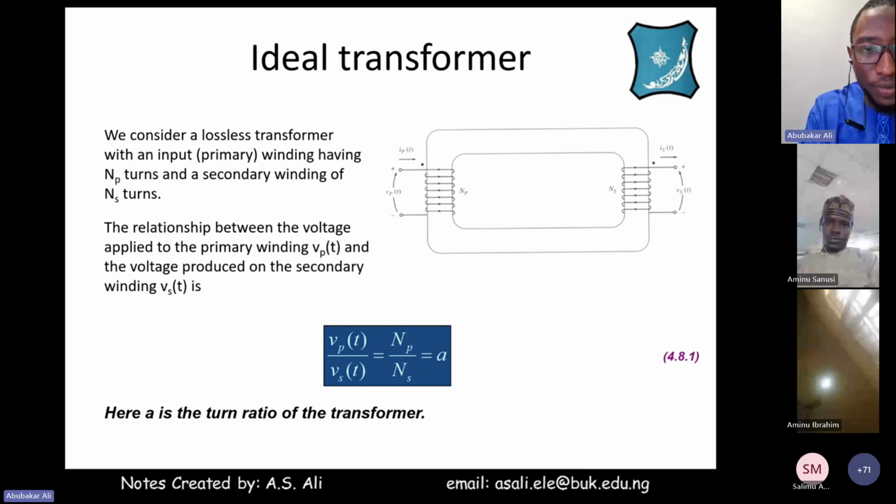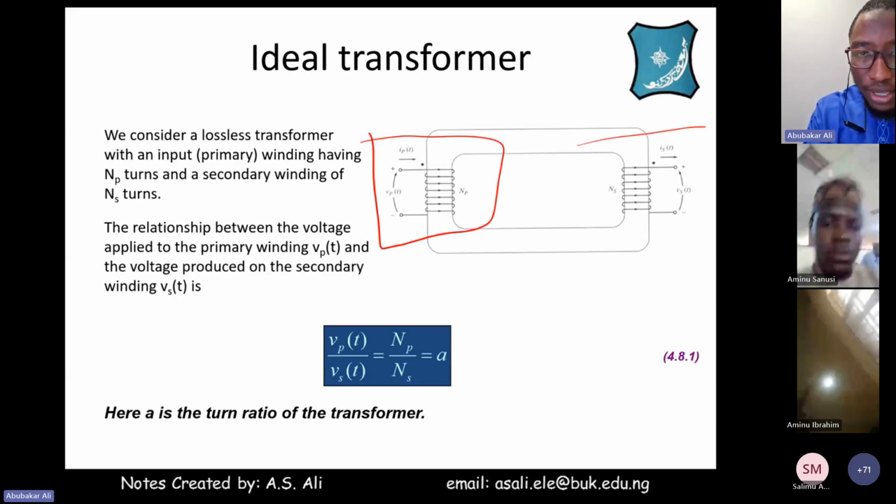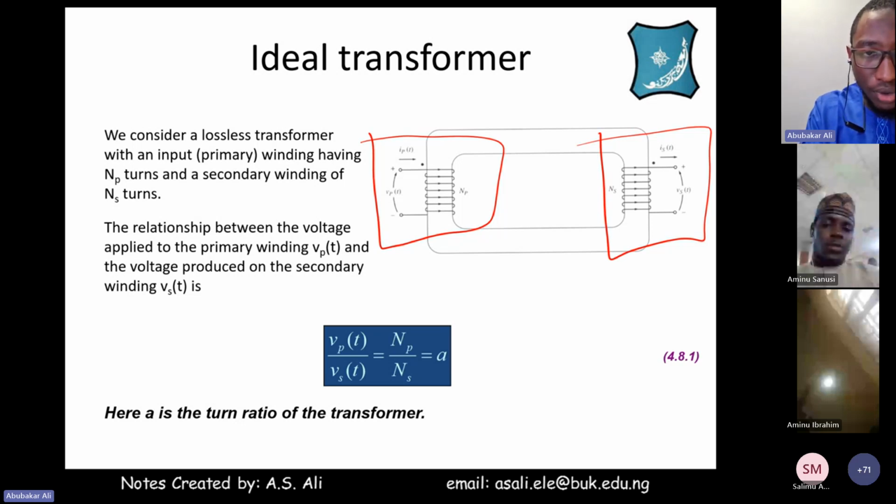We represent an ideal transformer in this form, where we have a core. Then, of course, you will have the primary windings and the secondary windings. You will have current coming from the positive, going around the winding, and coming out from the negative end. Same thing with the secondary.